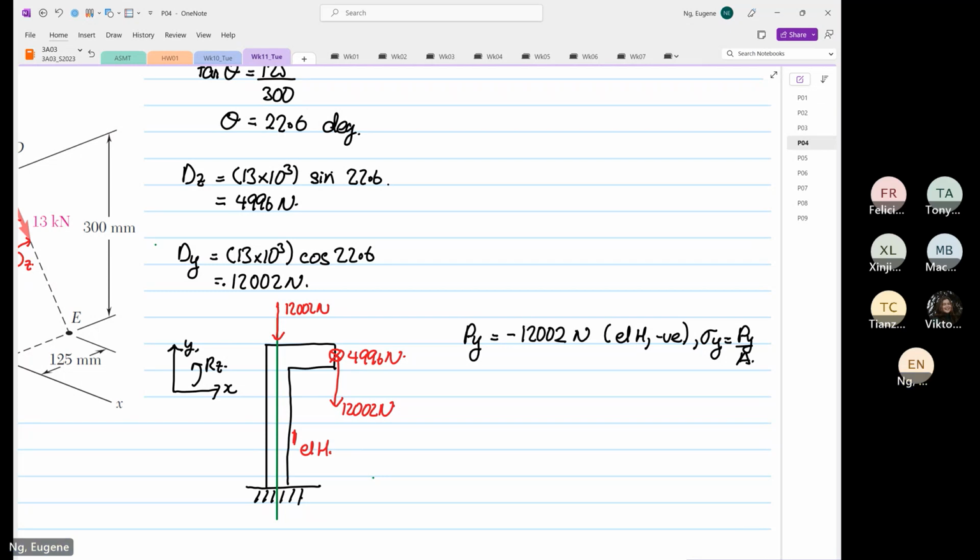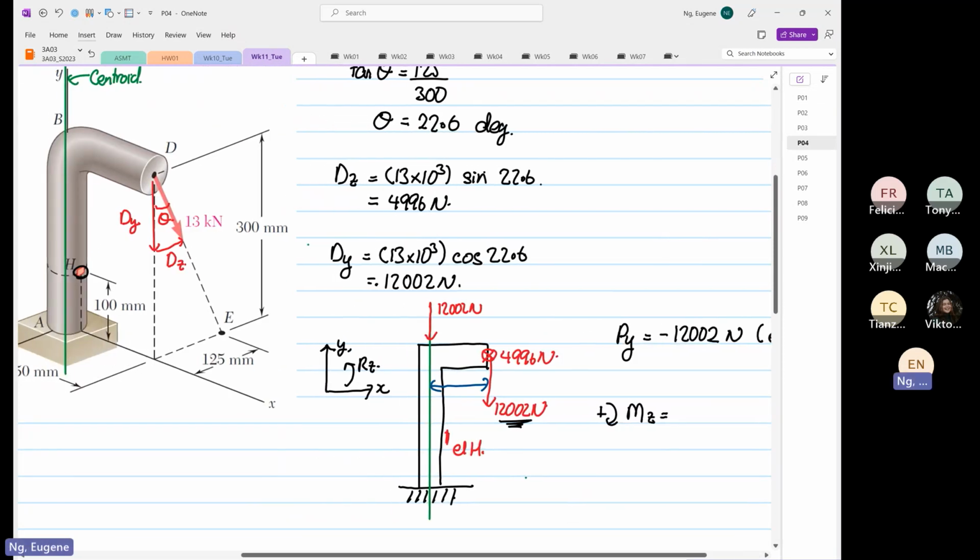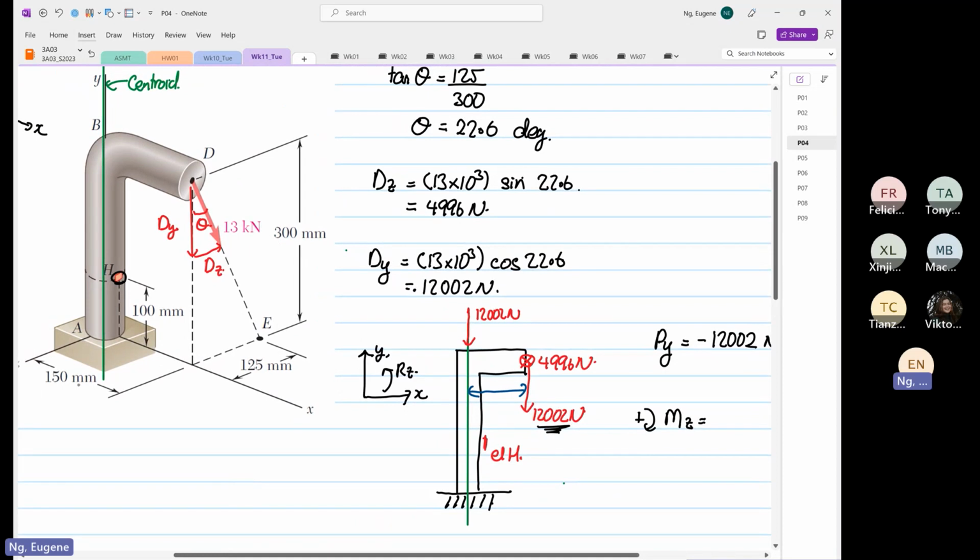The next thing that we are going to look at is that there's a moment. I'm going to call positive this way, moment in the Z direction. This 12002 is parallel to the centroid. So we are going to take the perpendicular distance like this. That distance over there is equal to 0.15 to the centroid, not to the element.